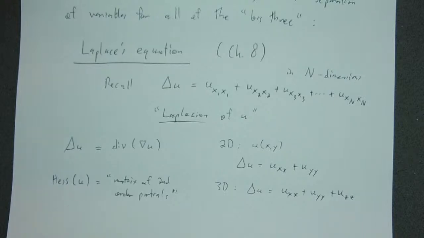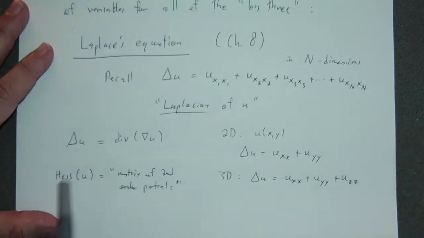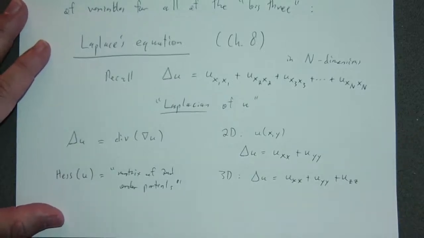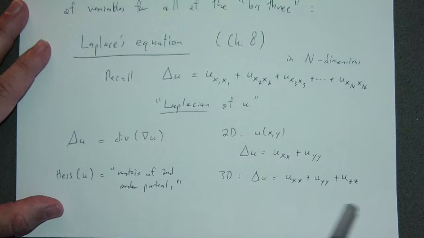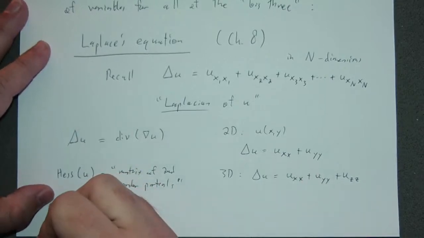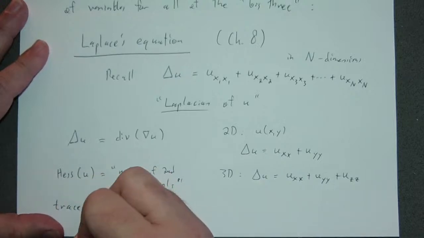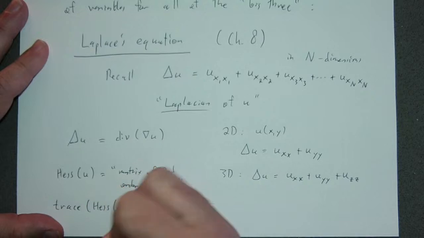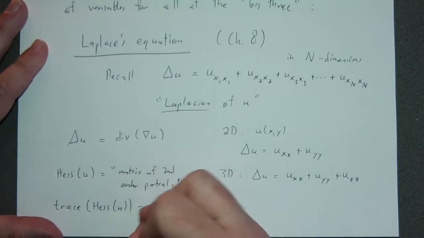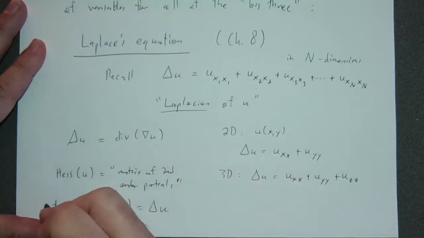So the Hessian is nice. This is a symmetric, square matrix. And actually, these are the diagonal terms of this matrix. So another way of thinking about this is that this is the trace of the Hessian matrix of u, if you really like.